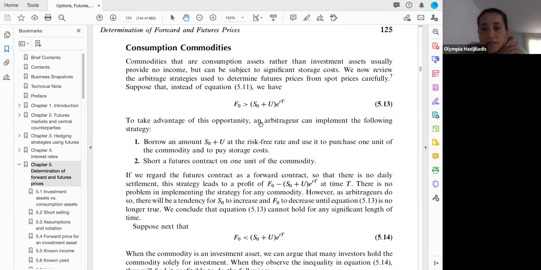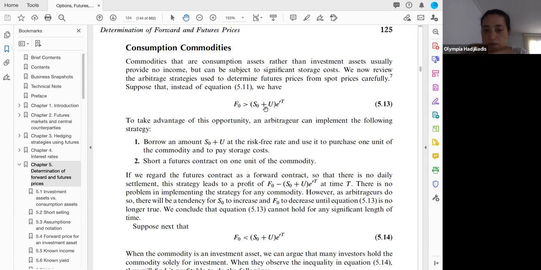Commodities that are consumption assets rather than investment assets usually provide no income, but can be subject to significant storage costs. We now review the arbitrage strategies used to determine futures prices from spot prices carefully. Suppose that instead of equation 5.11, where we have equality, we have inequality: F0 is greater than (S0 plus U) e to the RT.